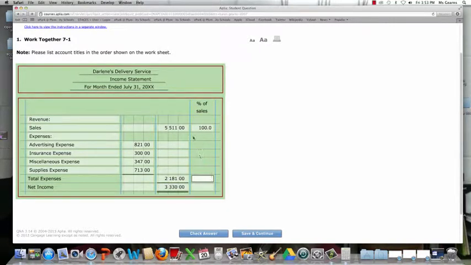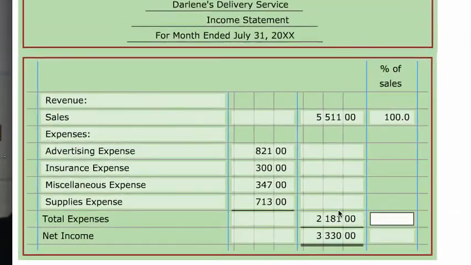To figure out our percent of sales, we want to know what percentage of our total sales went to expenses, and then what percentage of our sales we earned in income. So we're going to take first our total expenses and divide it by our sales.